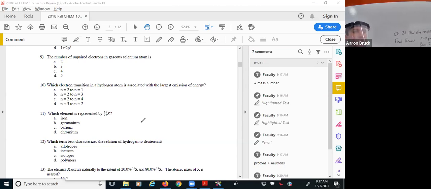Once again, there are 2 concepts at play in here. If light is going to be emitted from the hydrogen atom, which direction are the electrons going to go?